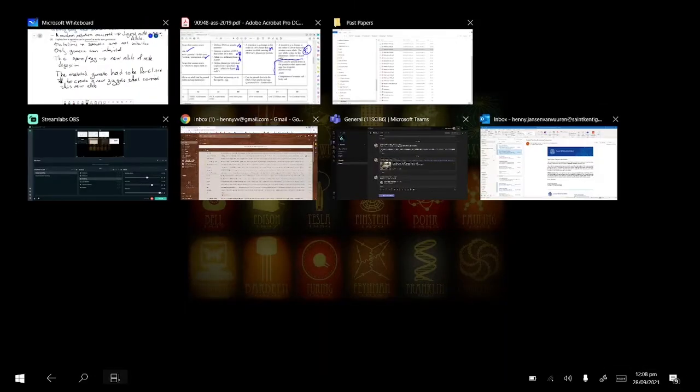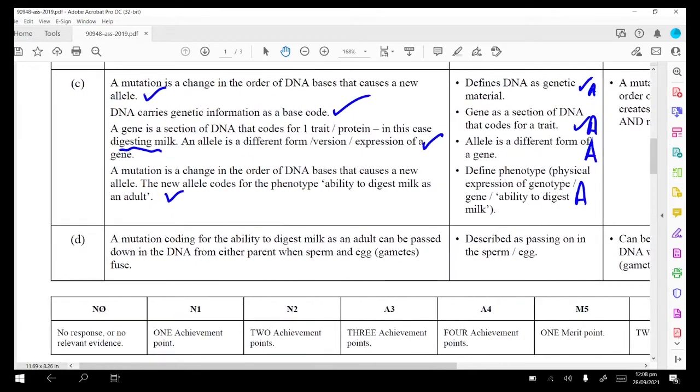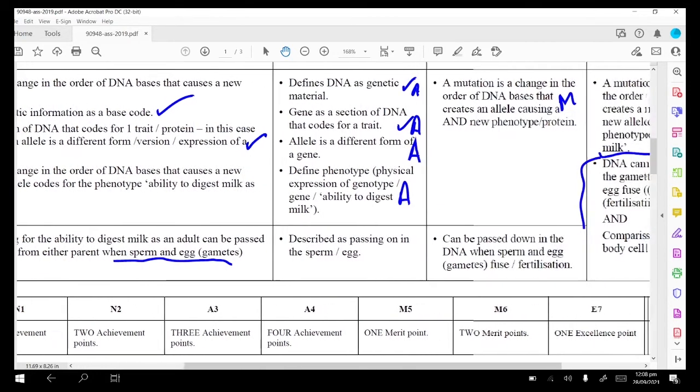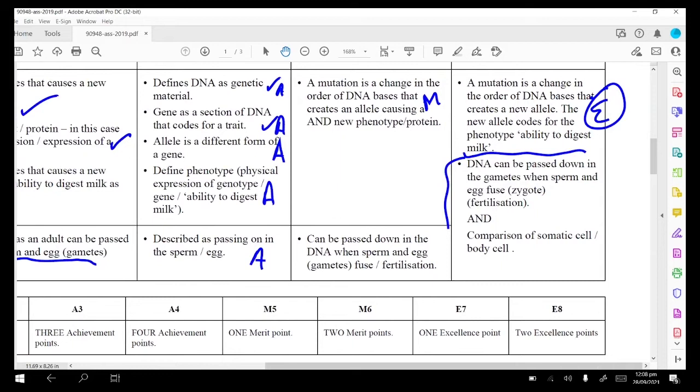Let's have a look at the model answer. So, a mutation coding for the ability to digest milk as an adult can be passed down in the DNA from either parent when sperm and egg gametes fuse. Described as passing on in the sperm and the egg. We did that, so we got an A. Can be passed down in the DNA when sperm and egg fuse. Fertilization.